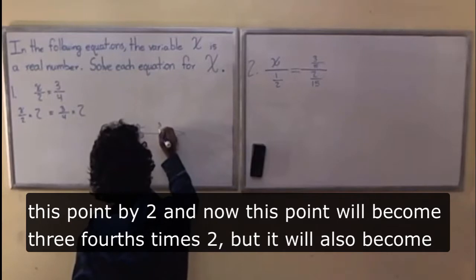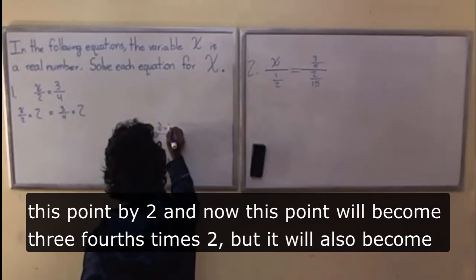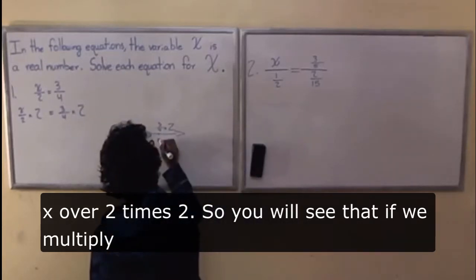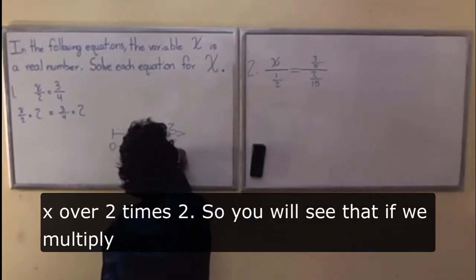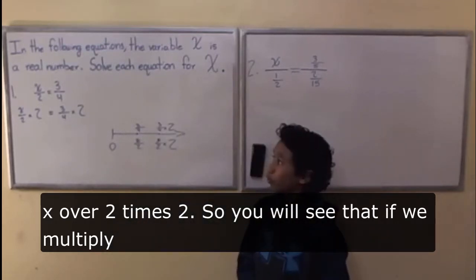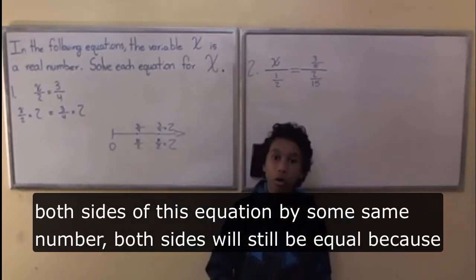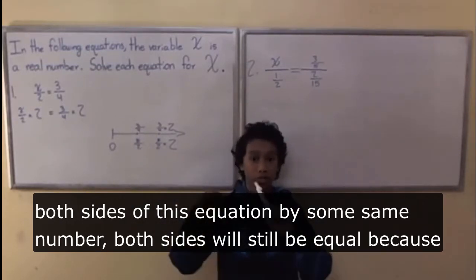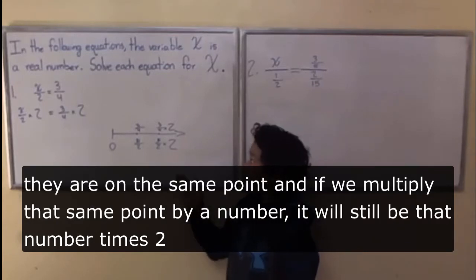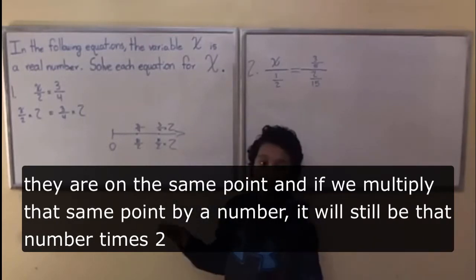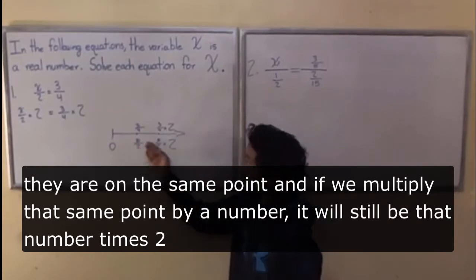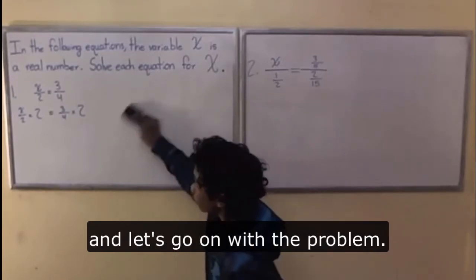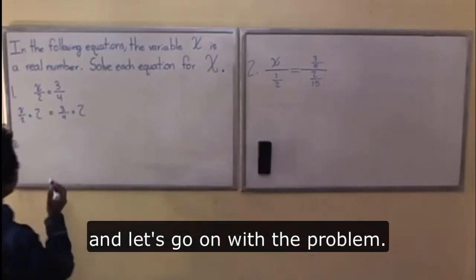And now this point will become 3/4 times 2, but it also will become x over 2 times 2. So you will see that if we multiply both sides of this equation by the same number, both sides will still be equal because they're on the same point, and if we multiply that same point by some number, it will still be that number, but times 2. Alright, I'm going to erase this, and let's go on with the problem.